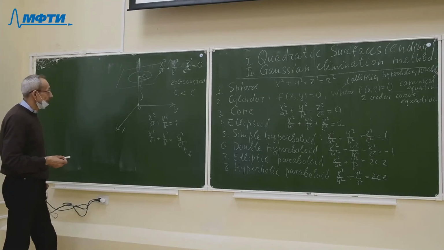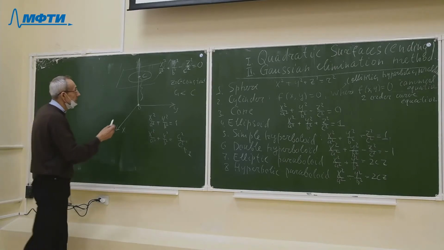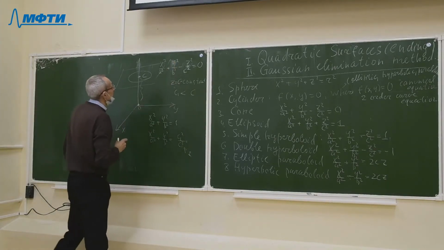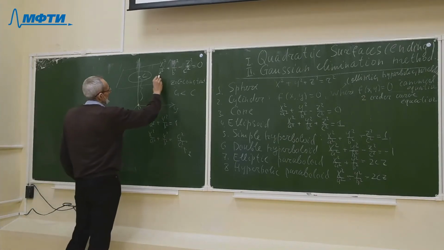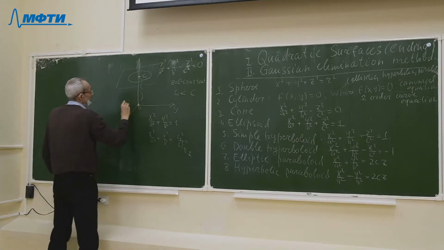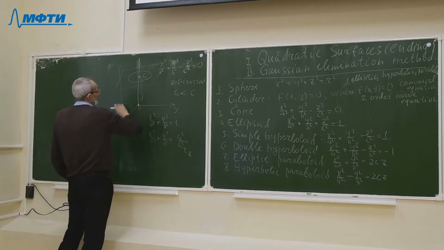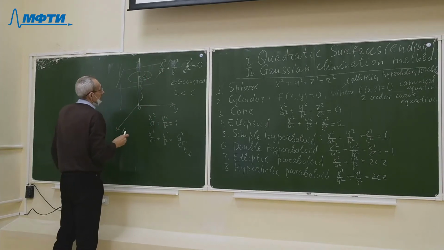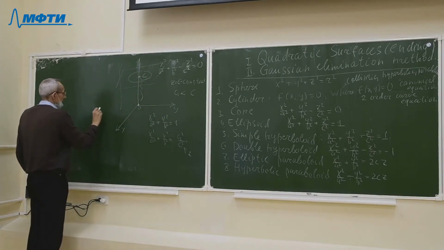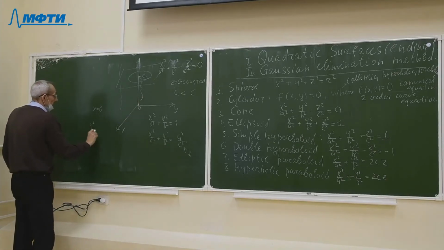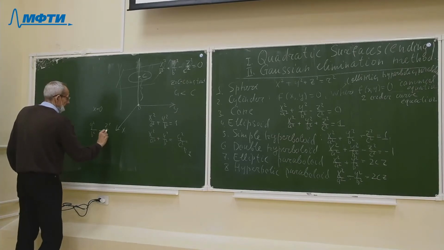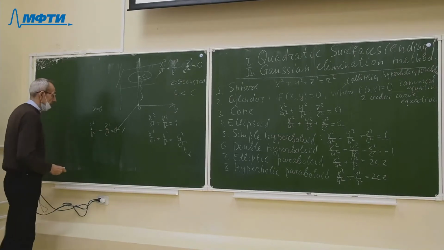If we put the value x equal to 0, we obtain the section by the coordinate plane x equal to 0. In this case, we obtain the equation y squared divided by b squared minus z squared divided by c squared is equal to 0.